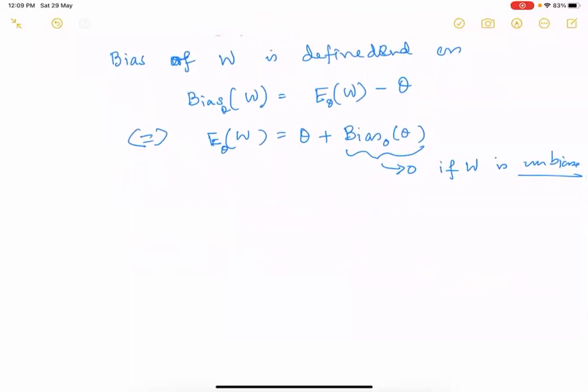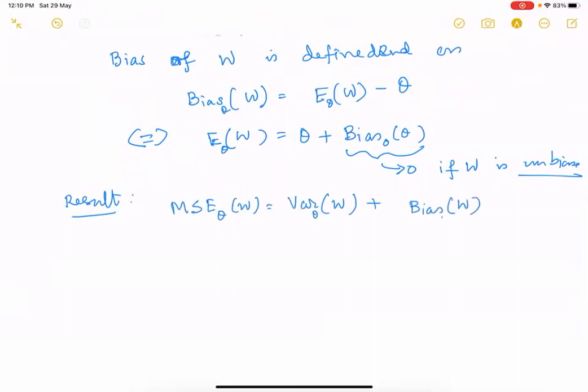One small result to explore is you can write mean square error of W as variance of W plus bias of W square.